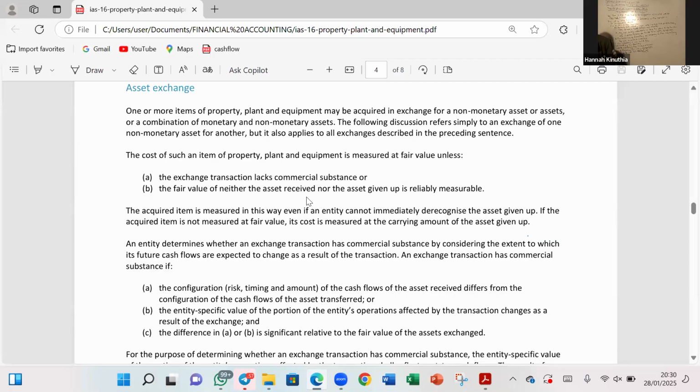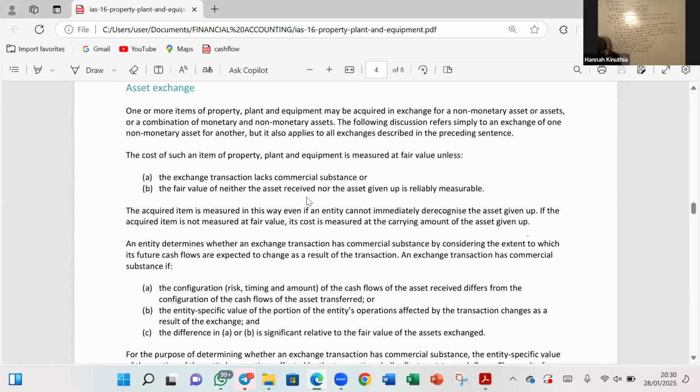So you exchange with a new car, but for the new car you will pay an amount less than the initial amount of that car. That's what we call the asset exchange. So you exchange an asset with another asset, but remember you add some monetary value on it.